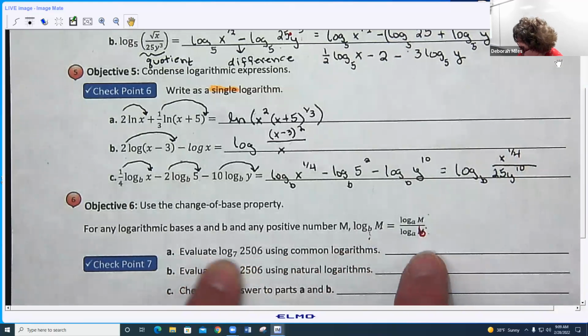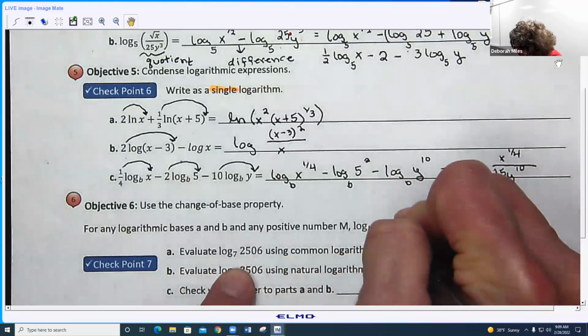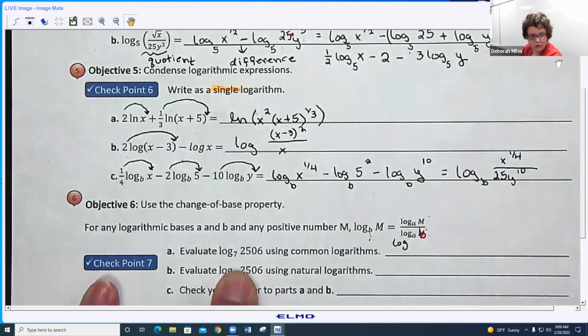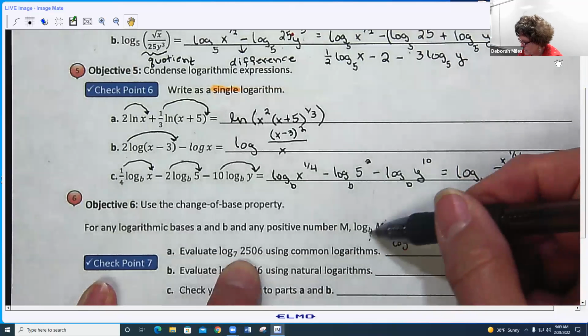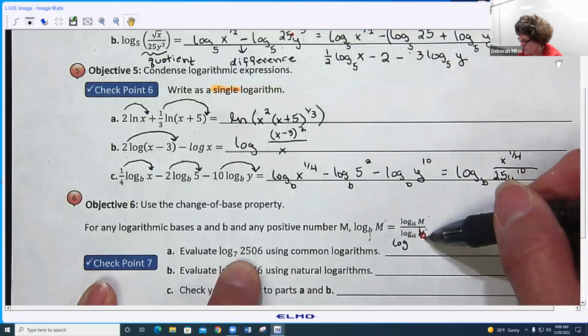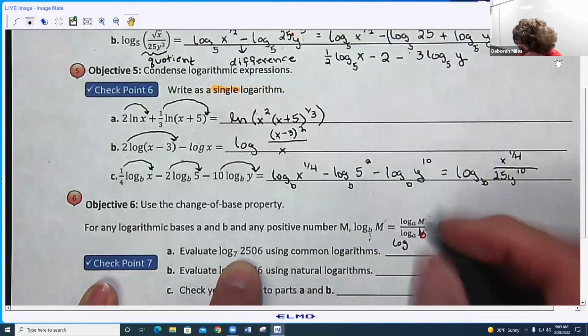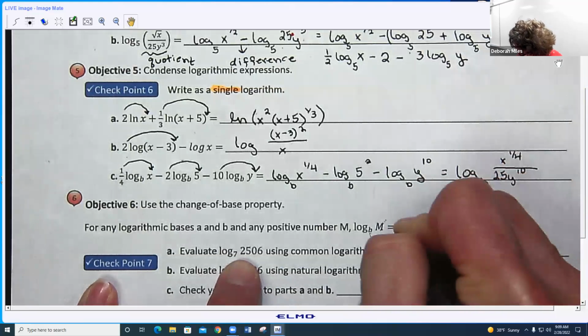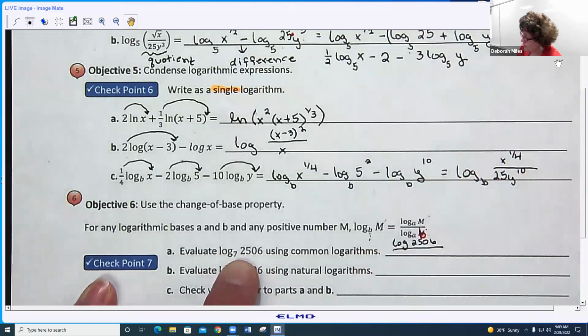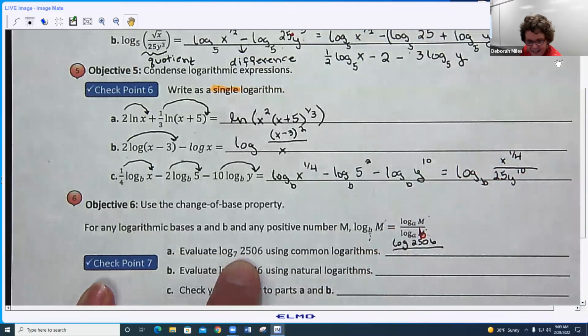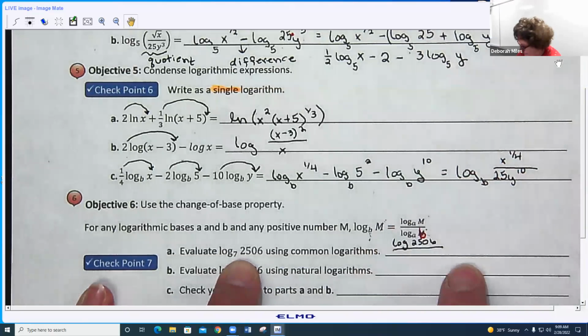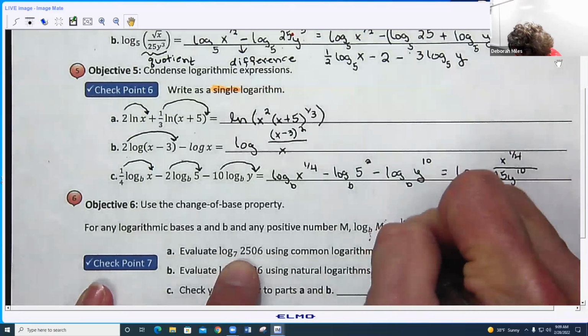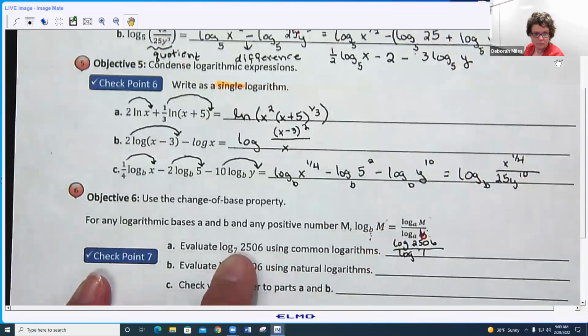According to the change of base property, that would be log base 10 of what goes in the numerator? No, the M is over the B here. So 2,506 is what goes in the numerator. Log base 10 of 2,506 divided by log base 10 of 7.